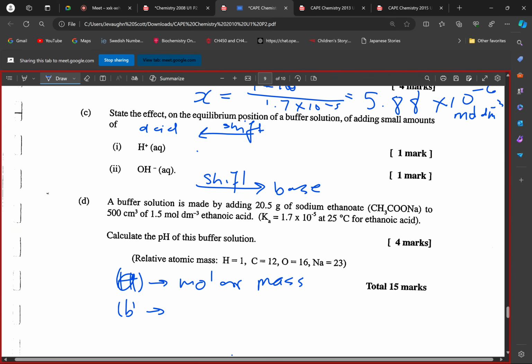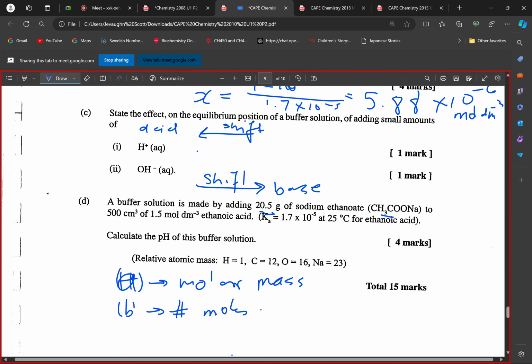Okay, so let's say the first thing, right? I can only do this, and then I'm going to continue with the Unit 2s after this. So the first thing, we have the mass of sodium ethanoate. So we need to find the molar mass of the substance, and then we can use that to find the number of moles. You know the equation. I won't insult your intelligence.